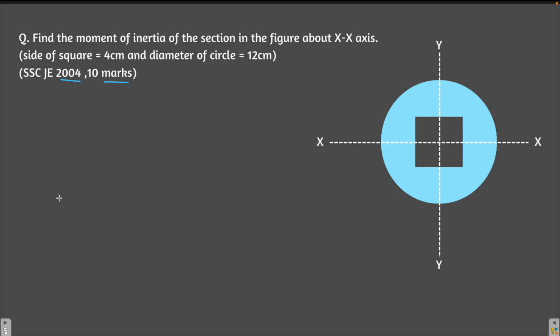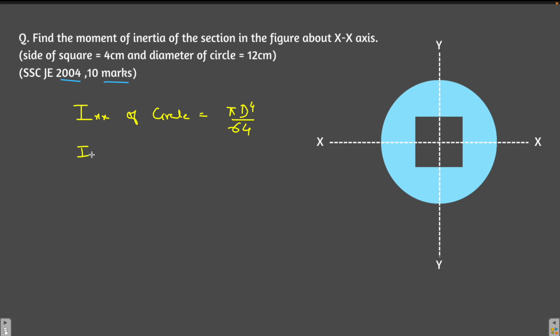This is a very simple question. For that you must know the moment of inertia of the regular figures. Moment of inertia, which is denoted by I, about the x-axis of a circle is pi d to the power 4 by 64. This you should know.